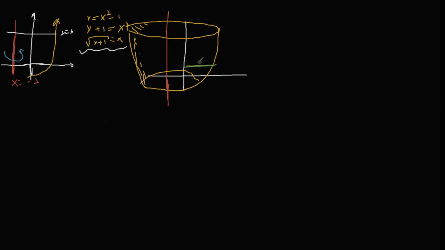This is our x. But we need this distance right here. We don't need x. We need x plus this distance. And what is this distance? Well, this is x is equal to -2. So this is just x plus 2.